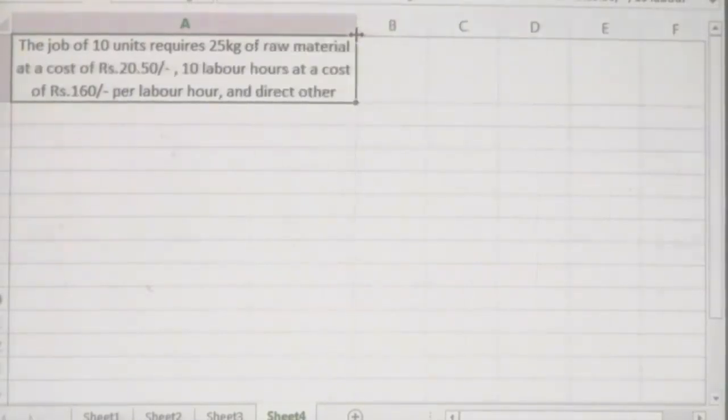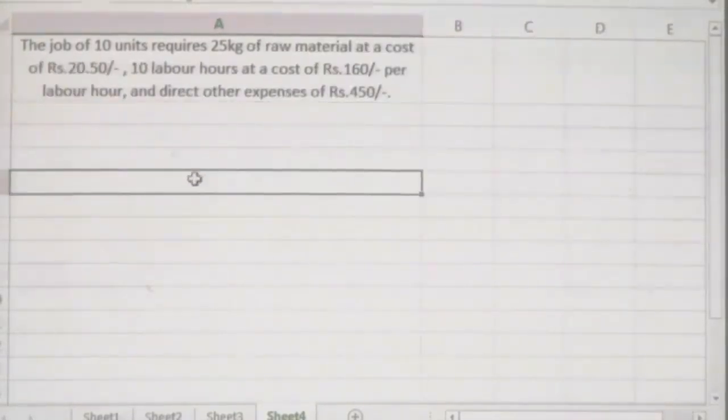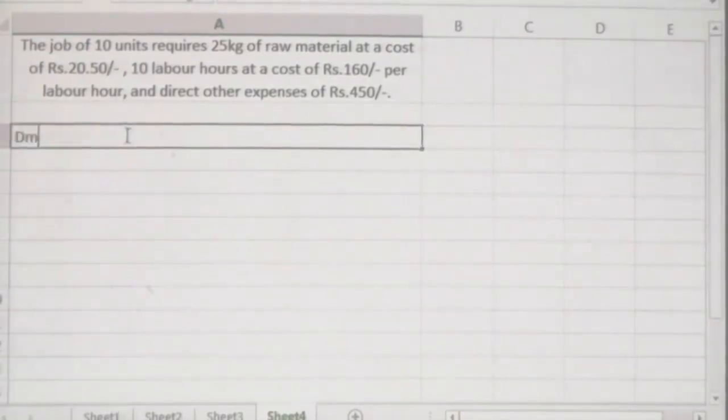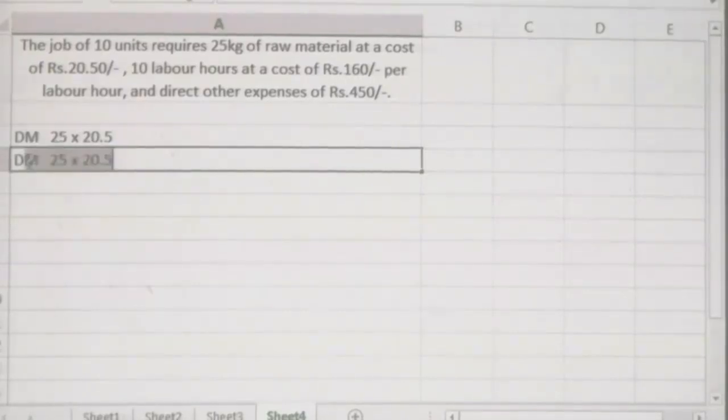These are the information provided in the question, right? Now what we have to do is calculate direct material cost. The direct material cost for 10 units needs 25 kilograms at a cost of 20.5. Therefore, 25 kilograms into 20.5. Then direct labor: we require 10 hours at 160 rupees per hour.